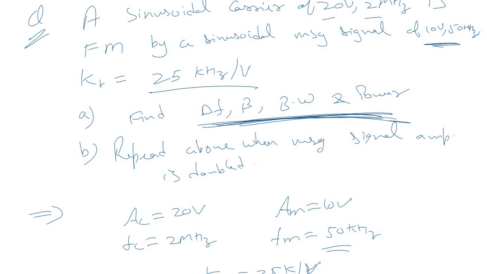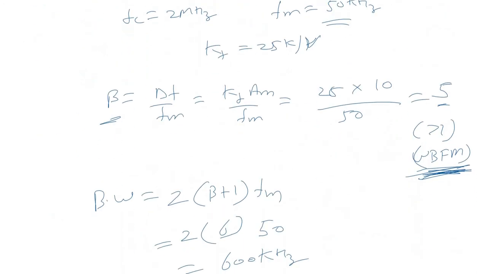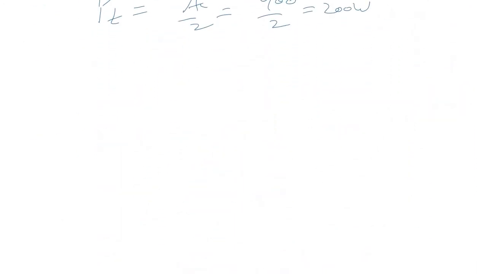Now in the second part, it is said that the amplitude of the message is doubled. What will be its effect on these important parameters of the wideband FM signal? It is assumed that Am now becomes 20 volts instead of 10 volts.